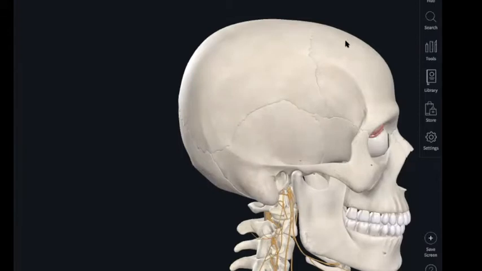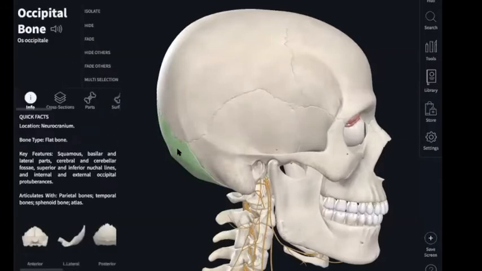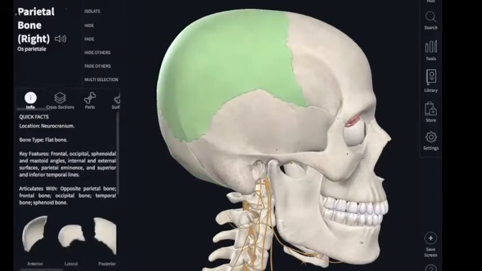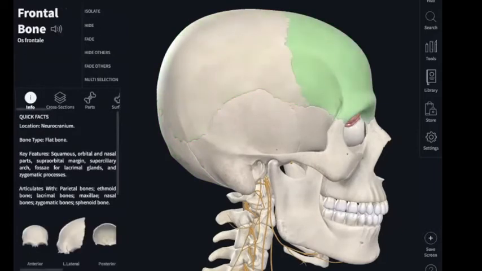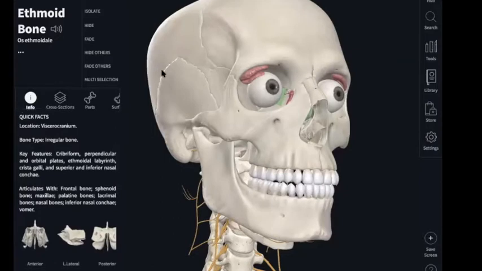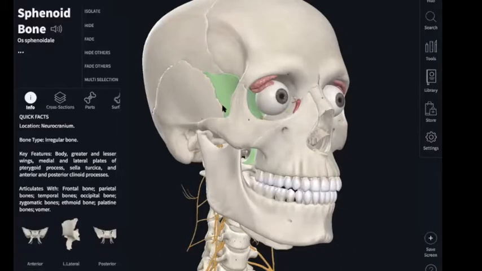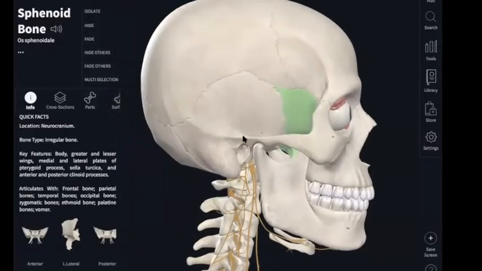So going from the back, one easy way to remember this is the mnemonic: old people from Texas eat spiders. Eat is for ethmoid, because it's all the way inside here, this ethmoid bone, and spiders for sphenoid right here, right? So that's how you might remember the names for those bones.